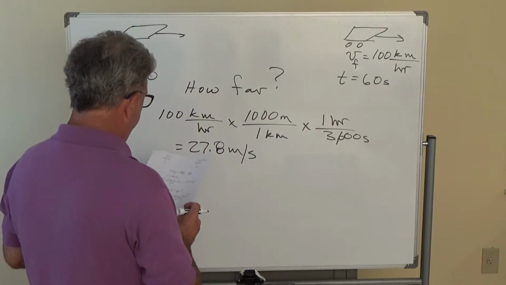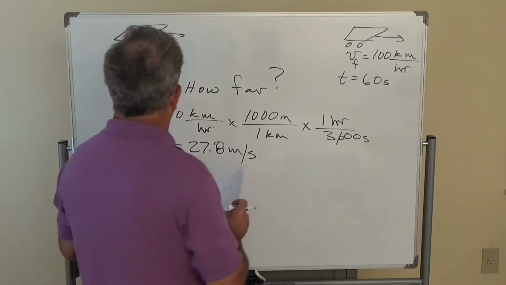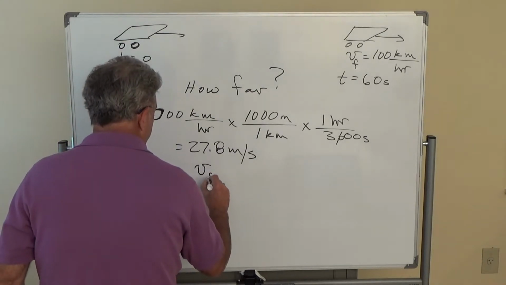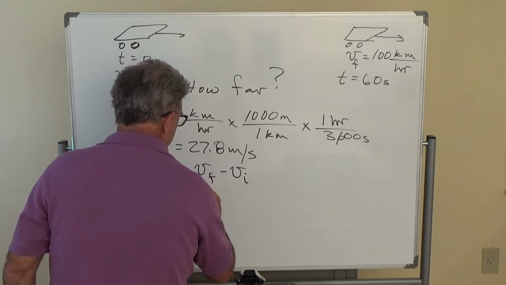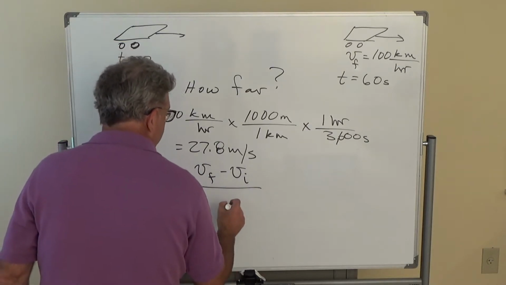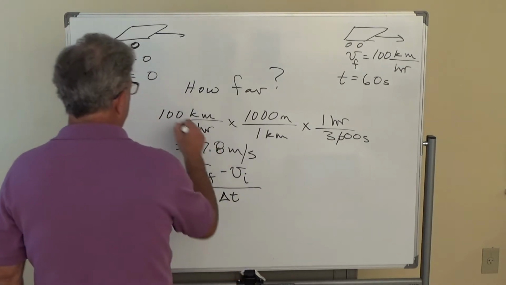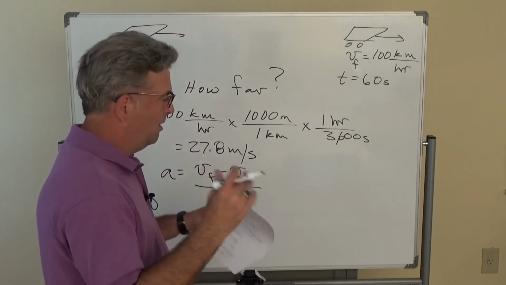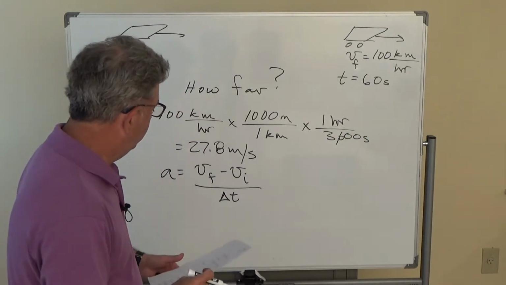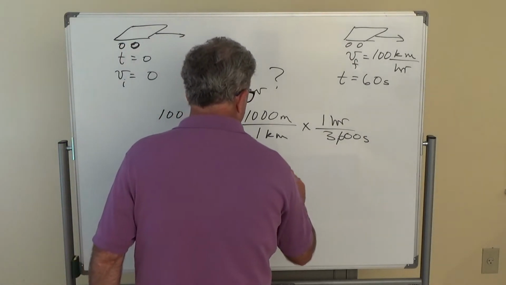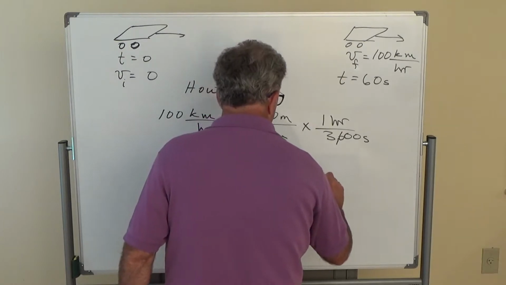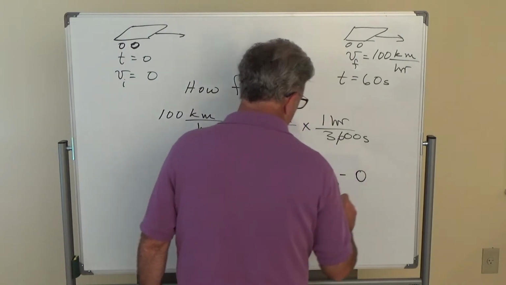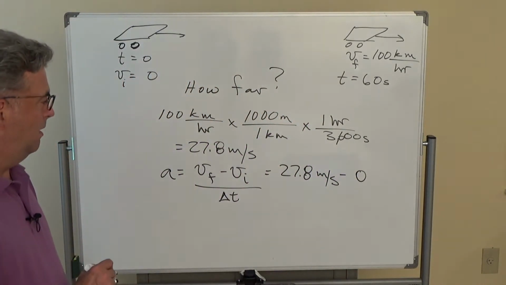Okay? Well, I know from what I wrote down previously that the acceleration is equal to V final minus V initial divided by delta T. T initial is equal to 0, so we're just going to call it T. All right, so the acceleration is equal to 27.8 meters per second, that's V final, minus 0, just for completeness.